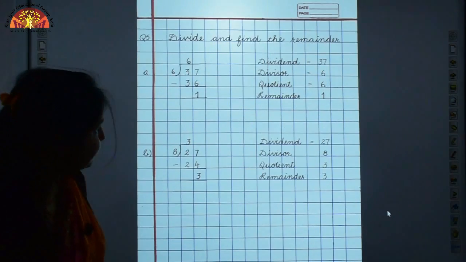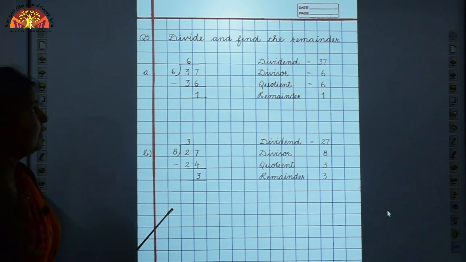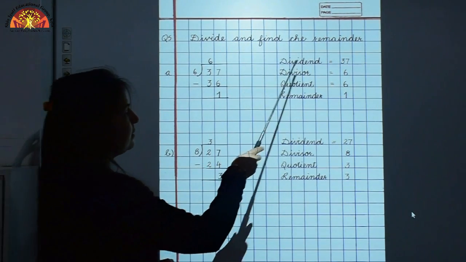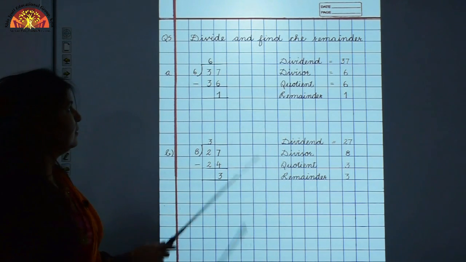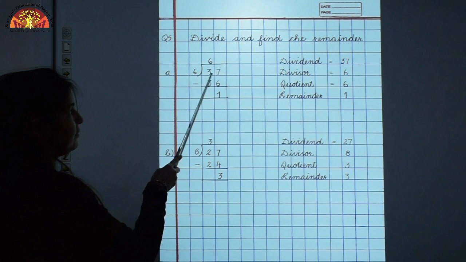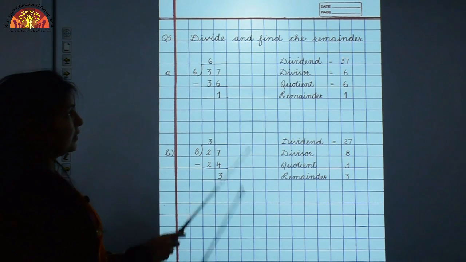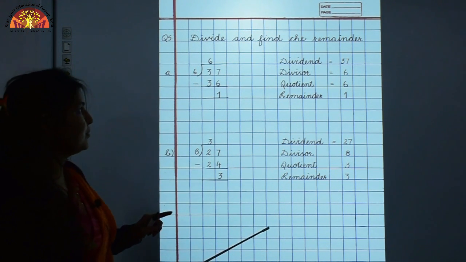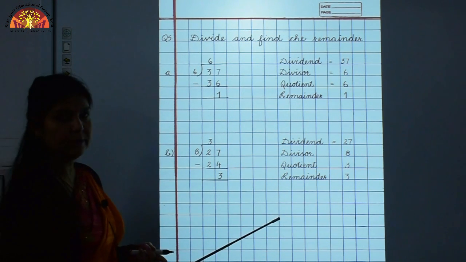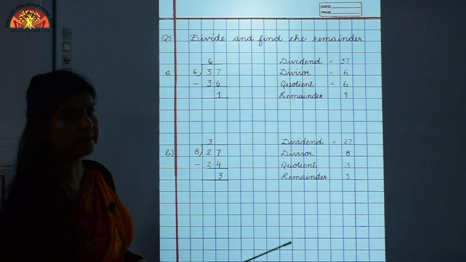Now children, question number 5, divide and find the remainder. Here you have to divide the number and find the remainder. Here 37 divided by 6. So 37 will not come in the table of 6. So we will stop just before the number which is smaller than 37.